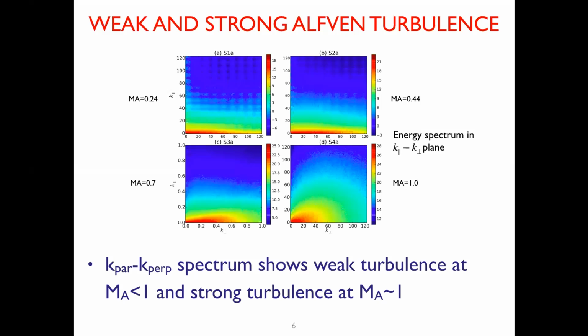If you go to MA equal to 1, we see that the energy still cascades more in the perpendicular direction, but there is also some energy going to higher K parallel, which is in the bottom right figure. So there is a transition. So we are able to verify there is a weak regime of turbulence and a strong regime of turbulence. And this transition depends on the alfvénic Mach number.